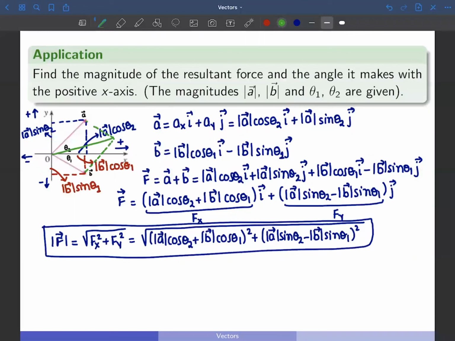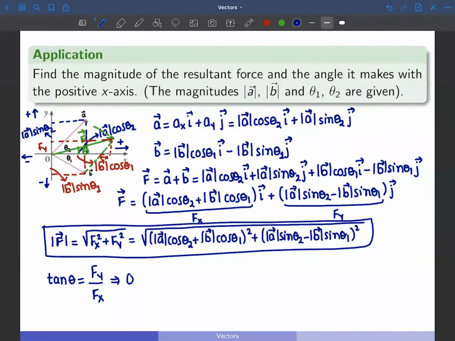So we see that the resultant force is this force, vector force F capital, and it makes an angle θ with the positive x-axis, and we can analyze that force into its Fy and Fx components, its x and y components, and we see that the tangent of the angle θ will be equal to the y component of the resultant force F divided by the x component of the resultant force F capital.